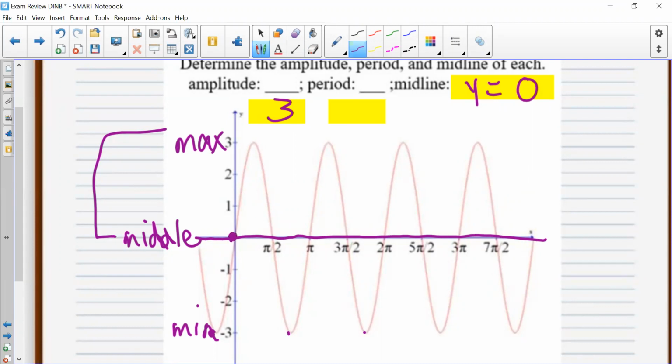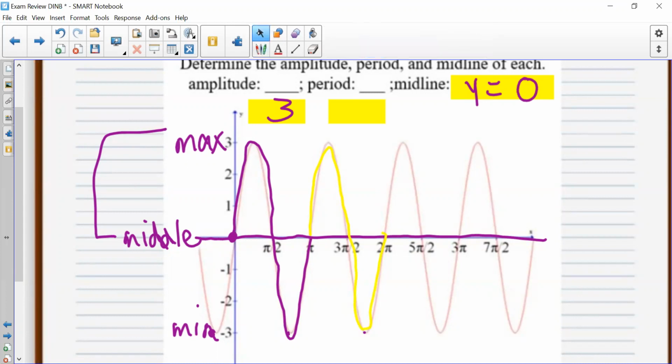So this one, it starts at the middle of the graph. It goes up all the way back to the middle, down all the way back to the middle, if I were to keep going, it would just repeat itself. Look, if I were to keep going, it would repeat that same pattern.